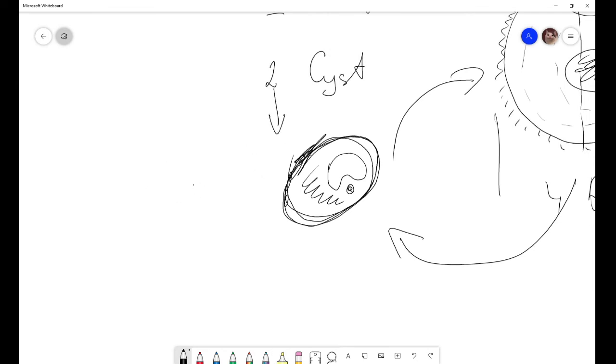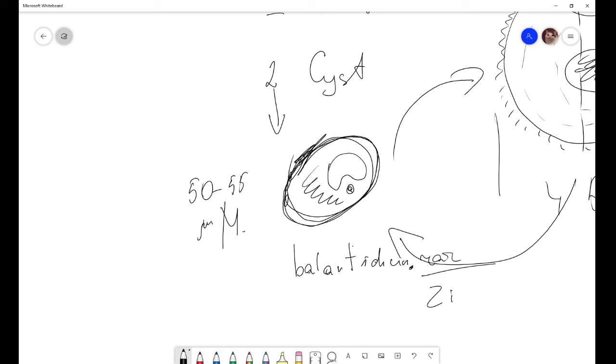The cyst is around 55 micrometers, surrounded by a thick double cyst wall, retains food vacuoles and contains a single parasite. Okay, what is the cyst?